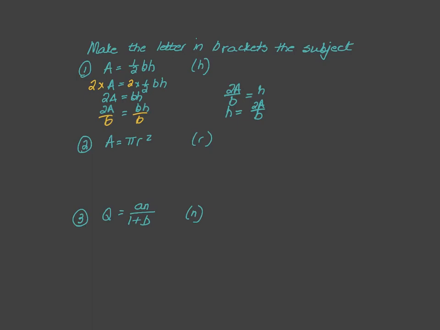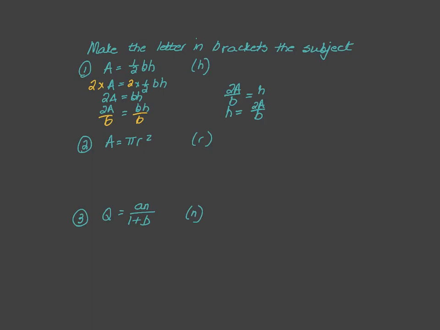Question 2. A is equal to pi r squared. You should recognize that as the formula for area of the circle, and you need to make the letter in brackets the subject, so we're changing the subject to r. I need to get r squared by itself, and so I'm going to divide both sides by pi.